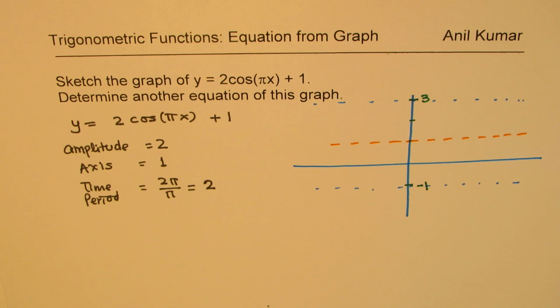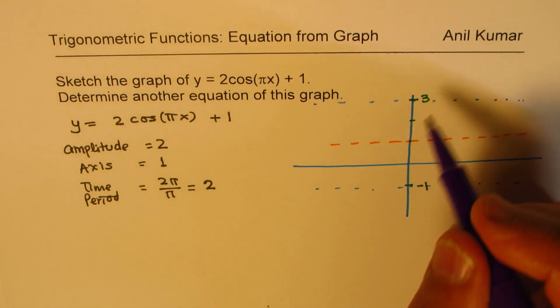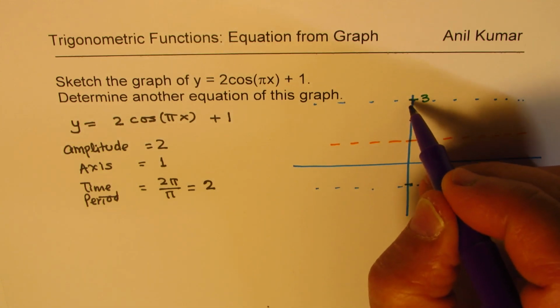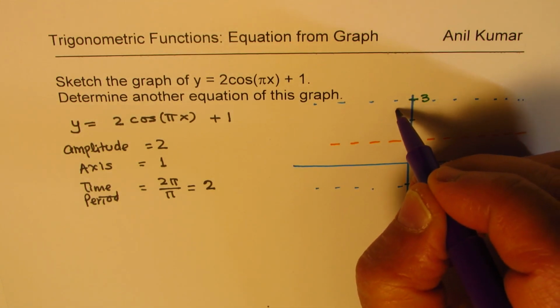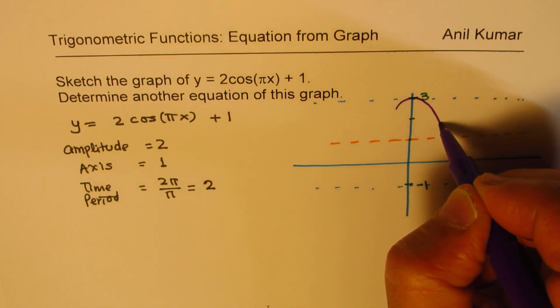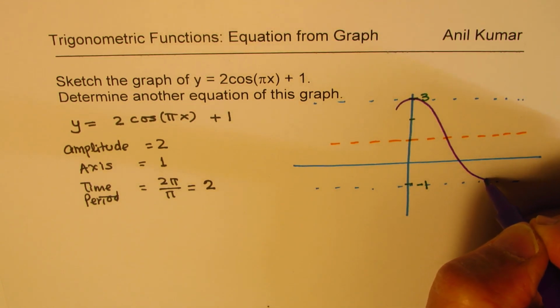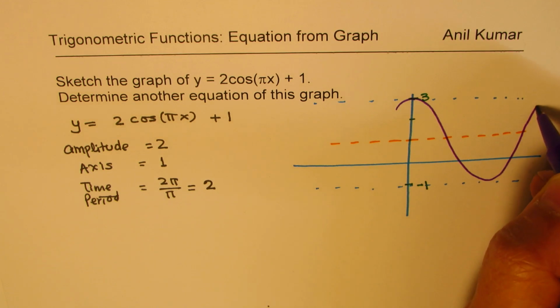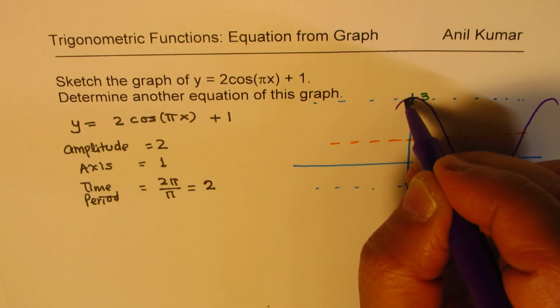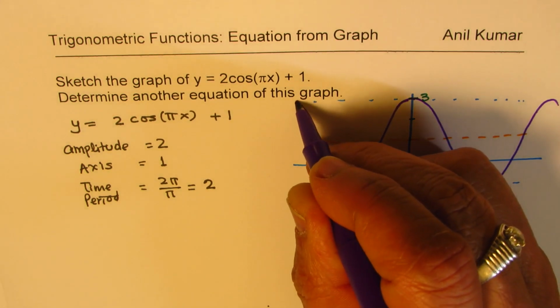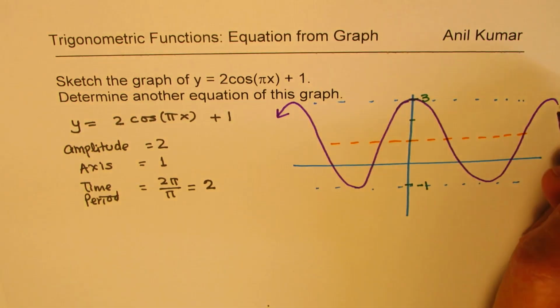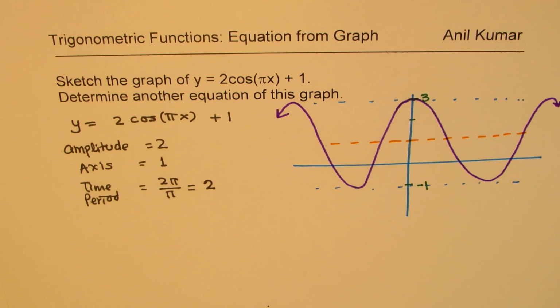Now to sketch the graph of this function, we can say that this is cosine, so it will go kind of like this and then up, right? So we could say it's kind of like this. Right? Similarly on this side. So that is how this cosine function is going to be.